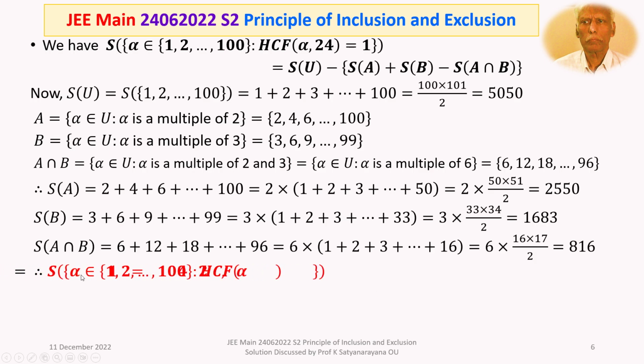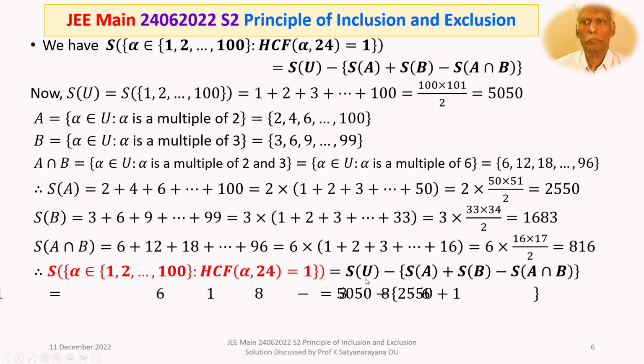Now we are ready. The sum of all those elements in the set 1 to 100 such that the HCF of alpha comma 24 is 1 is, by the formula we derived, S of U minus, in brackets, S of A plus S of B minus S of A intersection B. So S of U is 5050 minus, in brackets, S of A 2550 plus S of B 1683 minus S of A intersection B 816.